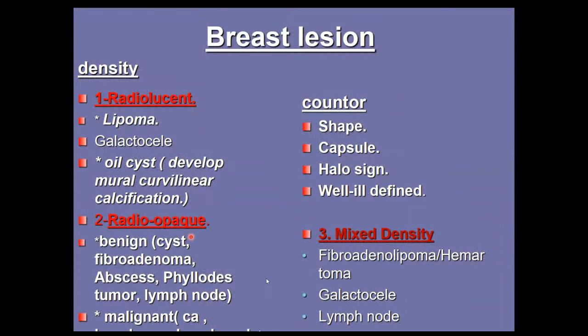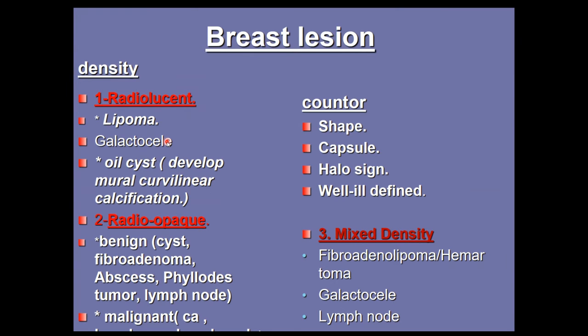Okay. So now we will discuss some breast lesions. In the breast, there may be radiolucent lesions, radiopaque lesions, or mixed density lesions. Mixed density means some areas may be radiopaque, some areas may be radiolucent. As we have already discussed, fat appears radiolucent on X-ray.